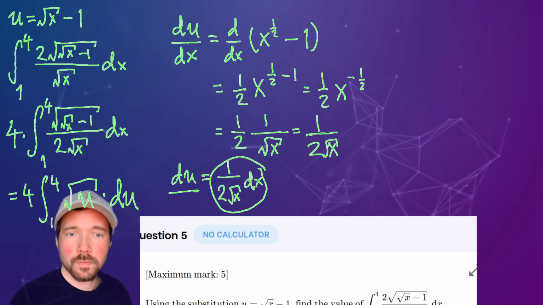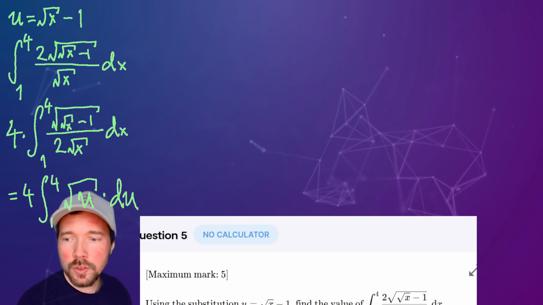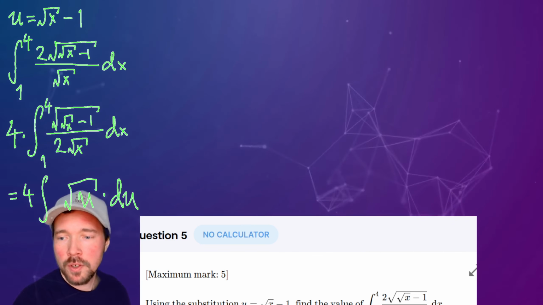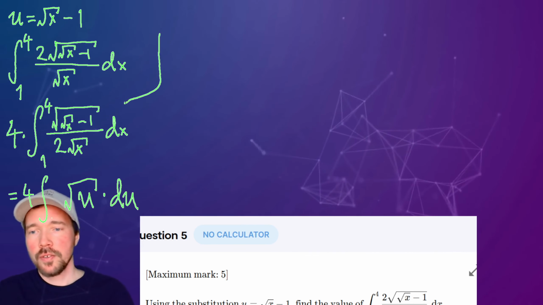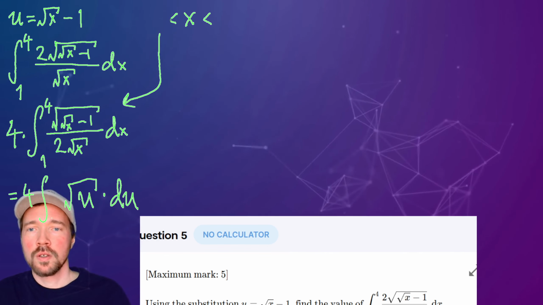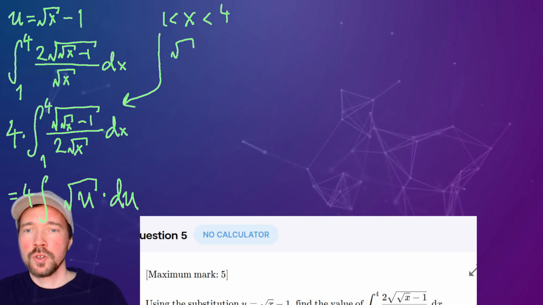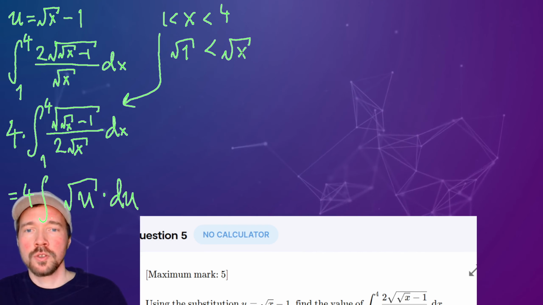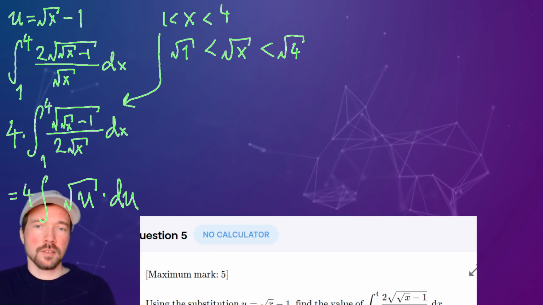Oh, sorry, I have to remember to do the right bounds. So if x was going from 1 to 4, then square root of x is going to be between square root of 1 and square root of 4, which is of course 1 and 2.